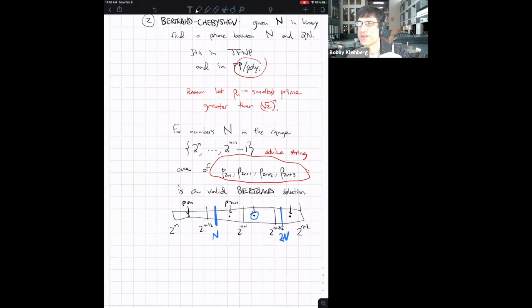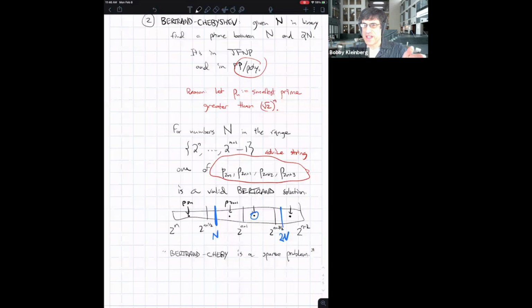Incidentally, to introduce a theme that's going to echo a little later in the talk, this shows that in some sense, Bertrand Chebyshev is a sparse problem. Which is to say, although the input to the problem ostensibly consists of n binary digits, the digits do not really matter so much for solving the problem.